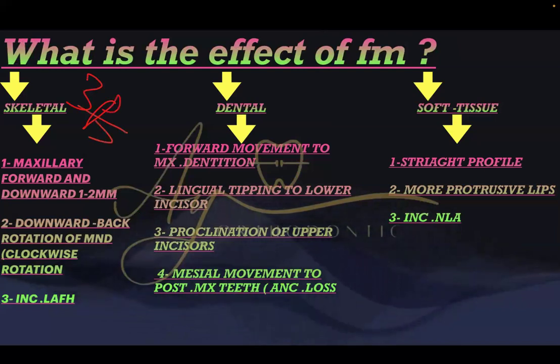Okay? Dental, okay, as in the definition, what is the definition of face mask? This is applying anterior force to the whole maxillary dentition. It's making the posterior segment move more forward with me. So the dental effect will be forward movement of the maxillary dentition, because the upper incisor was behind the lower incisor.